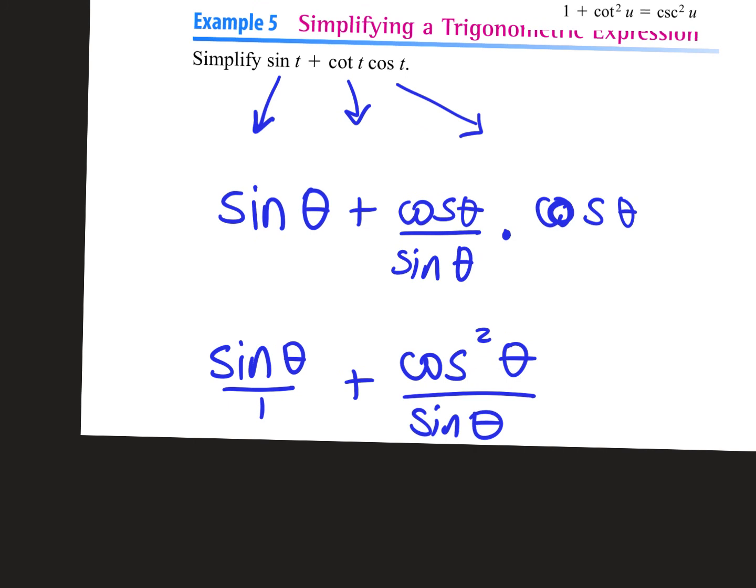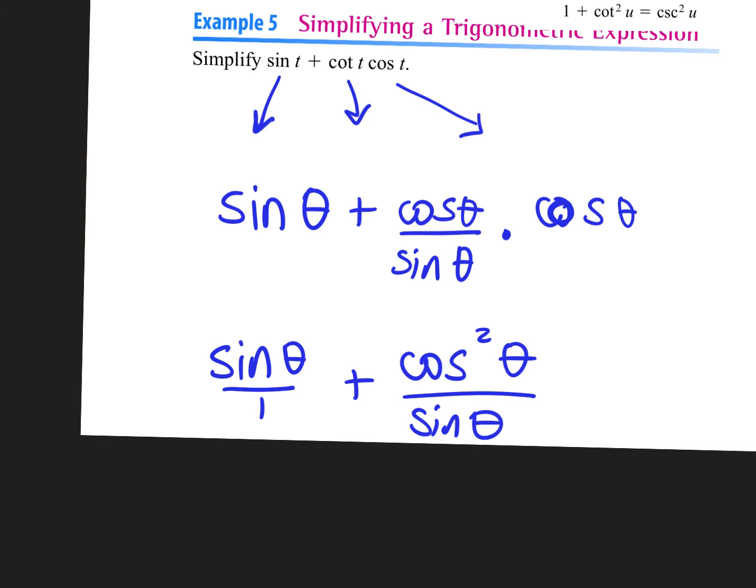I could cancel them out. But they're not being multiplied together, are they? No. They're being added. Do you guys agree with me that all this is just two fractions being added together? Yeah? When you add fractions, you have to have a common what? Gotta have a common denominator. So between sine of theta and 1, what's your common denominator?